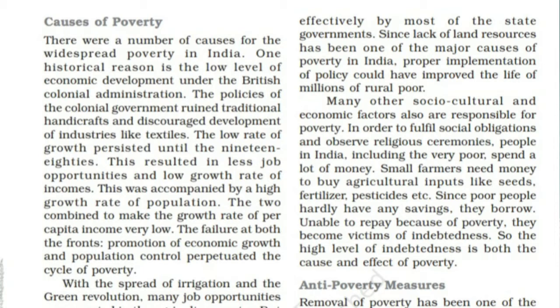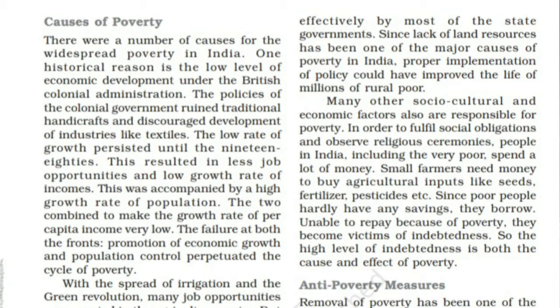Then we are going to discuss the last point. The last cause: socio-cultural and economic factors are responsible for poverty. You can see that, in order to fulfill social obligations and observe religious ceremonies, the poor people in India spend a lot of money.